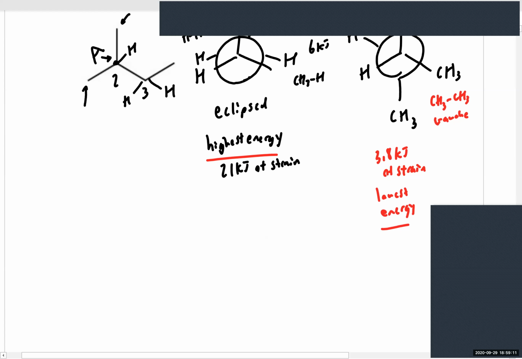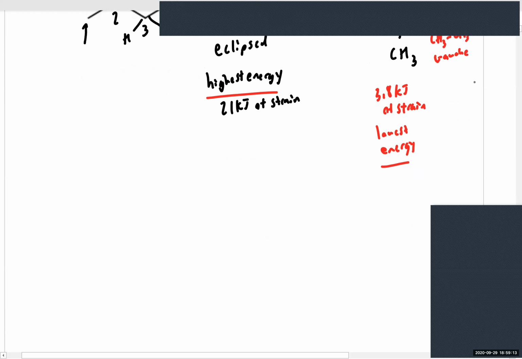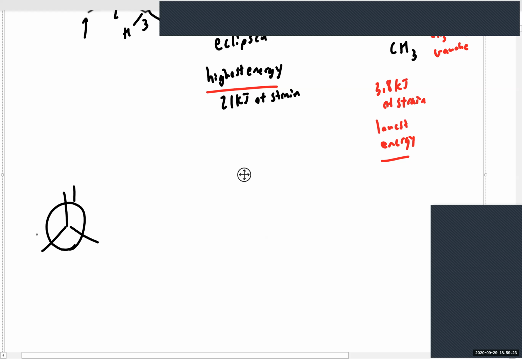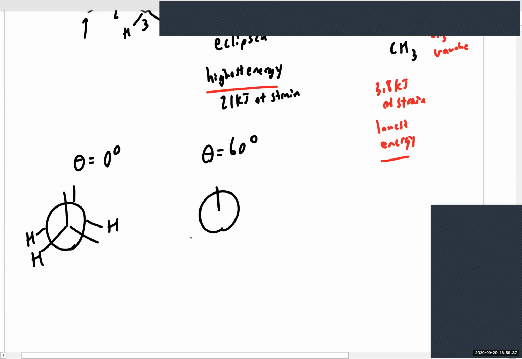Now, just for completeness' sake, I'm going to showcase some of the intermediate conformations as a function of dihedral angle.